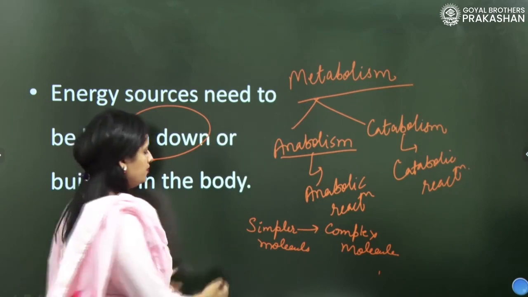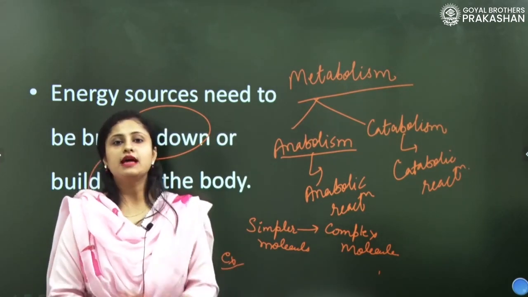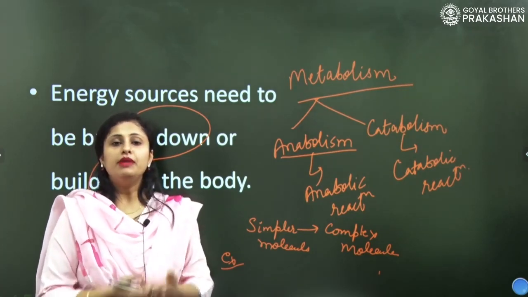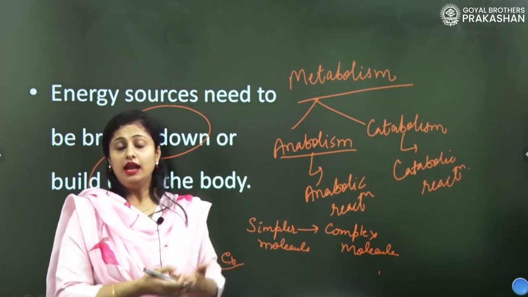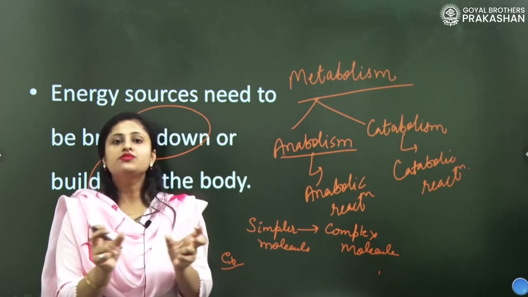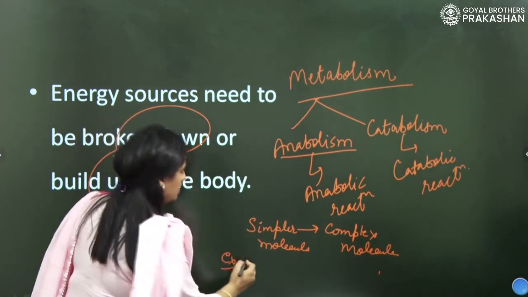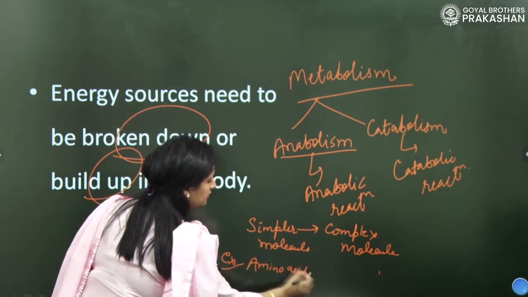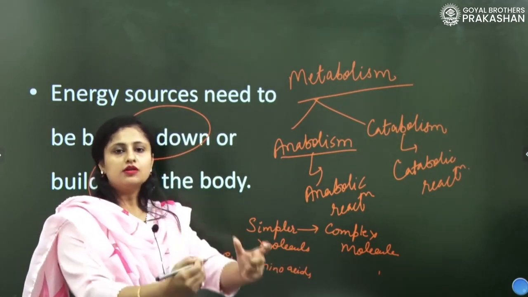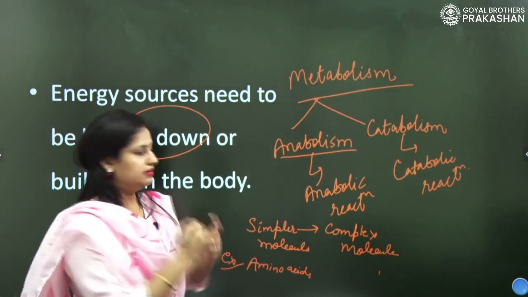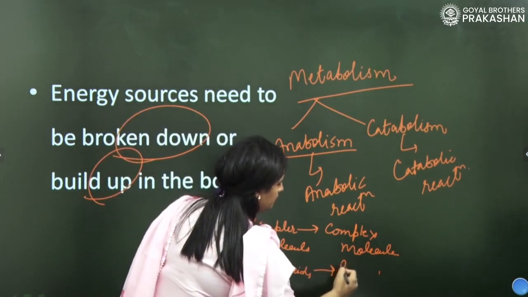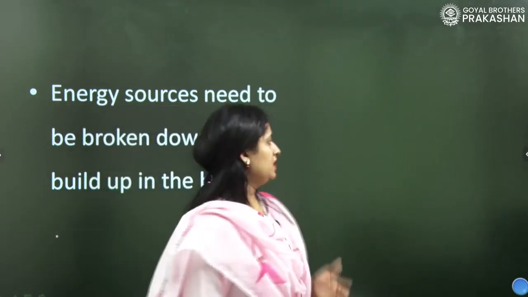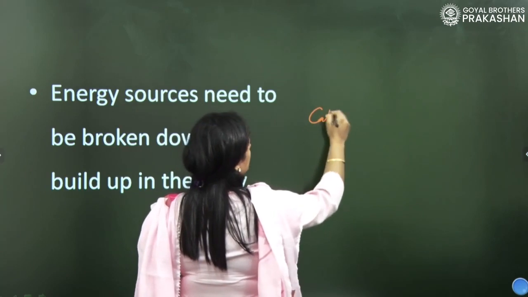Yes, a very good example is protein synthesis. Proteins are made up of many types of amino acids, and amino acids are the subunits of protein. When more than one amino acid combine, they form a complex structure, that is protein. So, protein is synthesized. Now, come to the catabolic process.